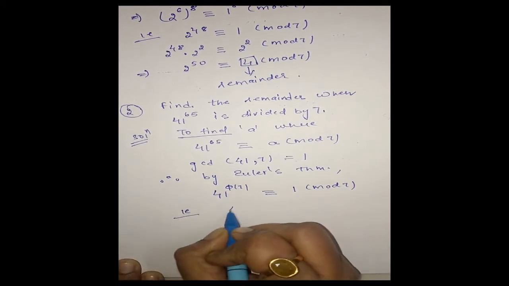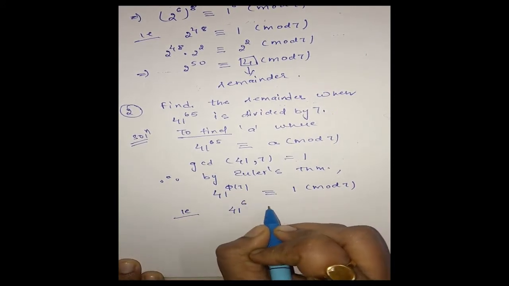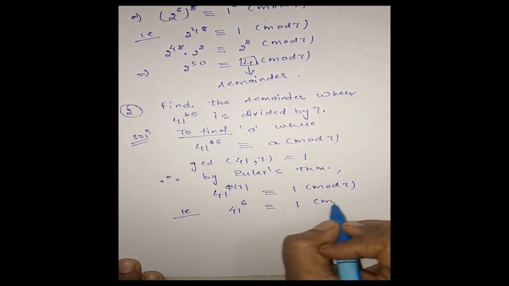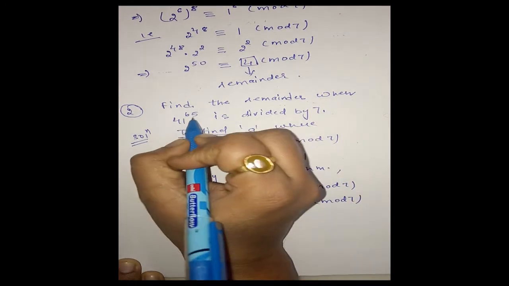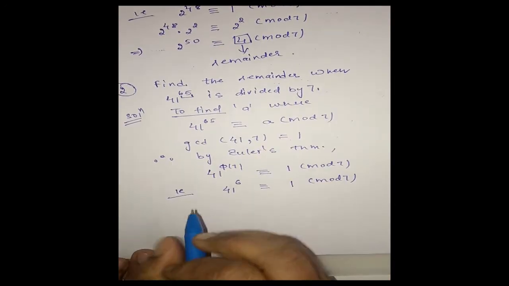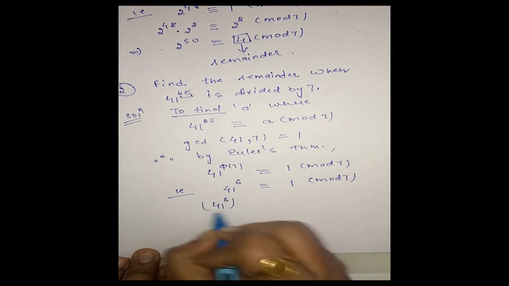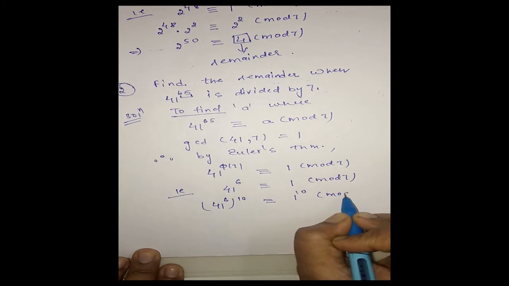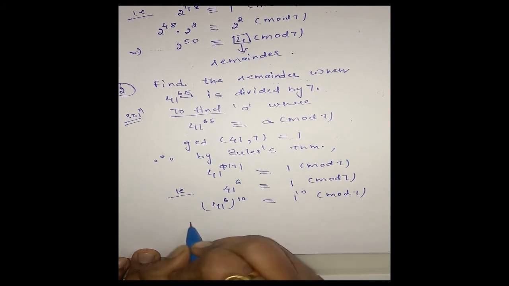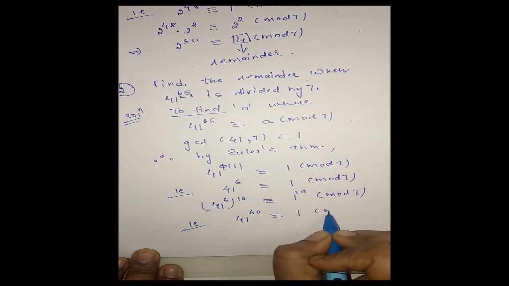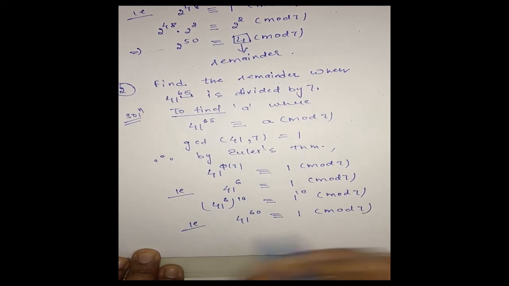That is 41 power 6, since phi of 7 is 6, is congruent to 1 modulo 7. Now we want to reach 65. So taking 10th power on both sides, we have 41 power 60 is congruent to 1 modulo 7. Clear?